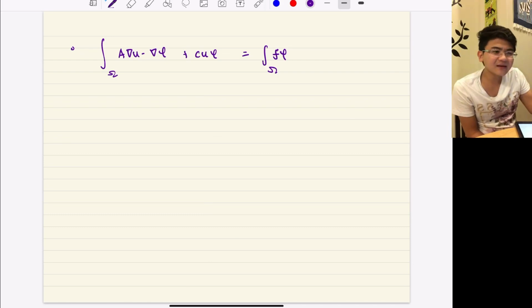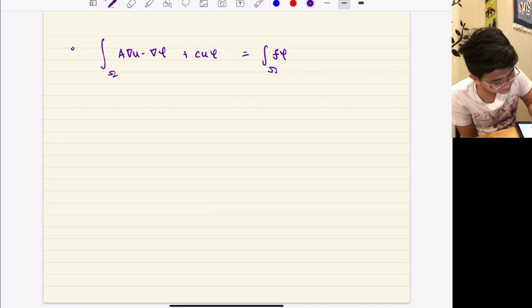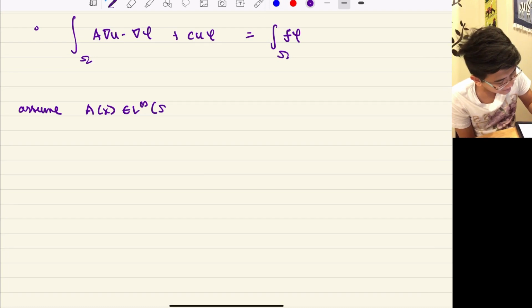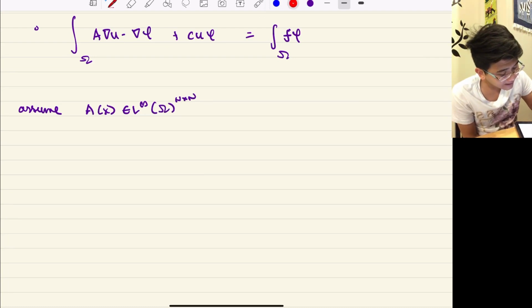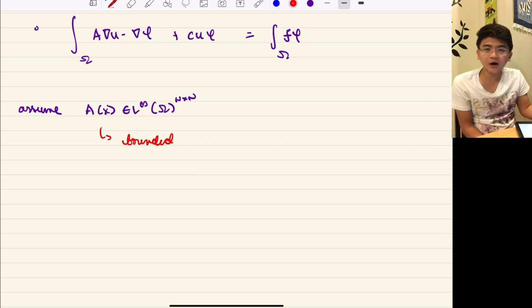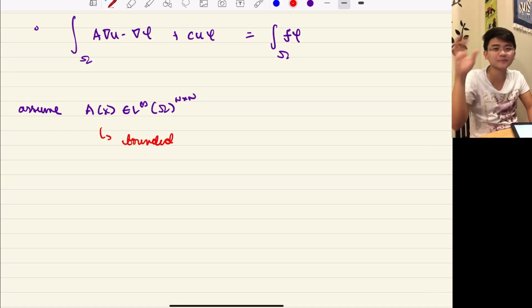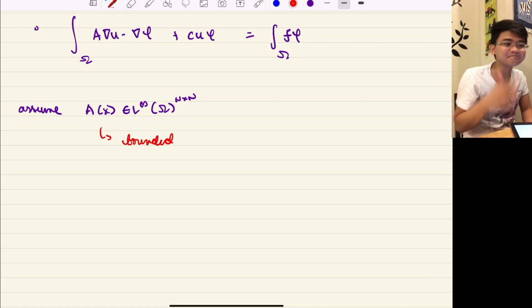Let's make the assumption that a of x is in L infinity of omega, and this is an n by n matrix. What that means is that it's bounded.